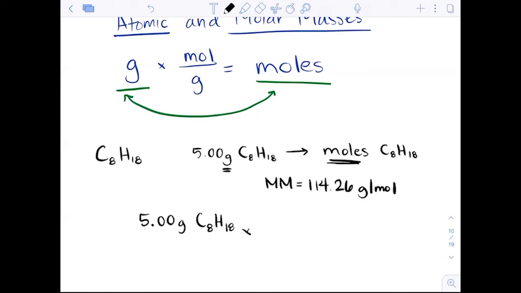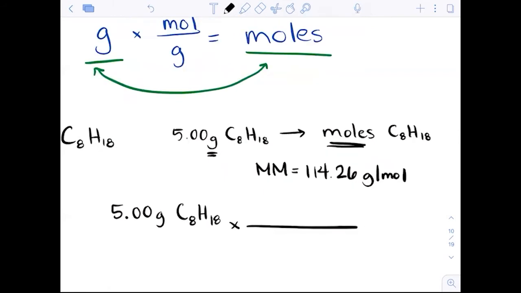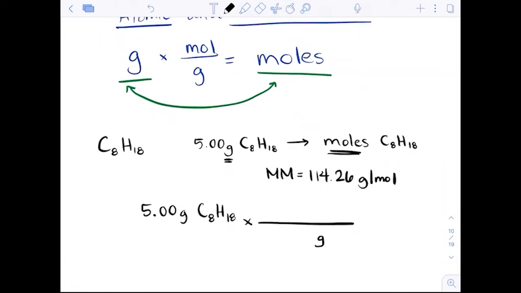So when we do this calculation, if you remember, we would want the units that I have in grams to be canceled with grams in the denominator. Units that I want should be in the numerator of that conversion factor. So moles, 1 mole over 114.26 grams.